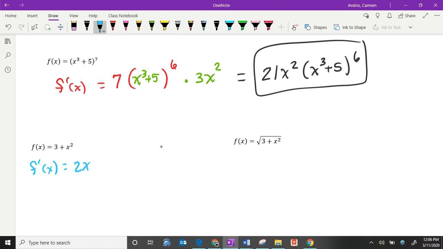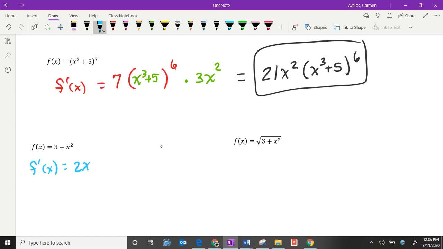Now here, that's different. So notice how we have this part right here inside, and then you have the outside function, which is the square root. So the quadratic is inside the function, and you're taking the square root, which is your outside function. So now what you're going to do is, anytime it's a radical, I'm going to use the power rule. So we need to change that.